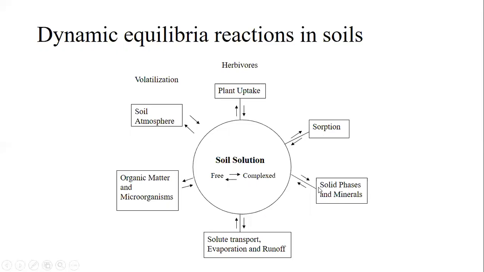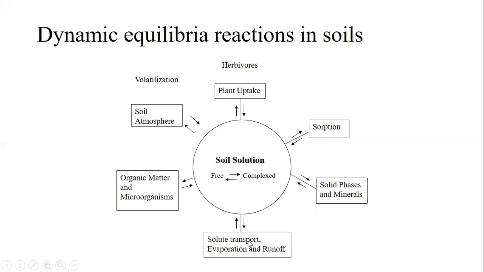Solid phases and minerals: this process is equivalent to precipitation and dissolution of different compounds. When things come out of the soil solution, they precipitate as compounds, so they become solid phases. If these solid phases, minerals, and compounds dissolve again, their constituents, their ions, go back into the soil solution.